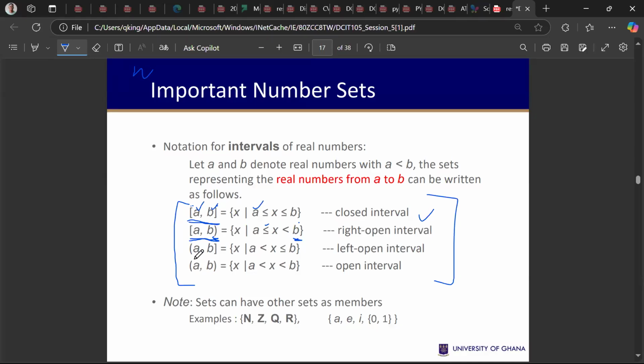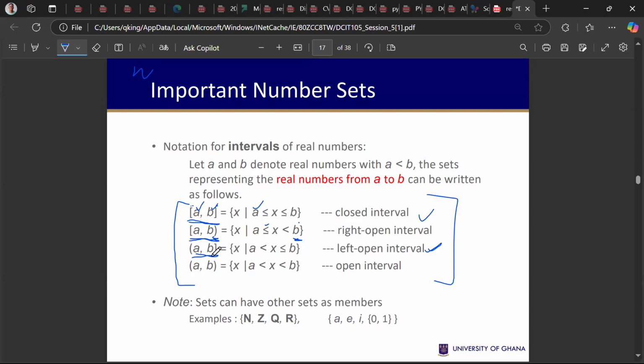And then with the third example, it is called a left open interval.